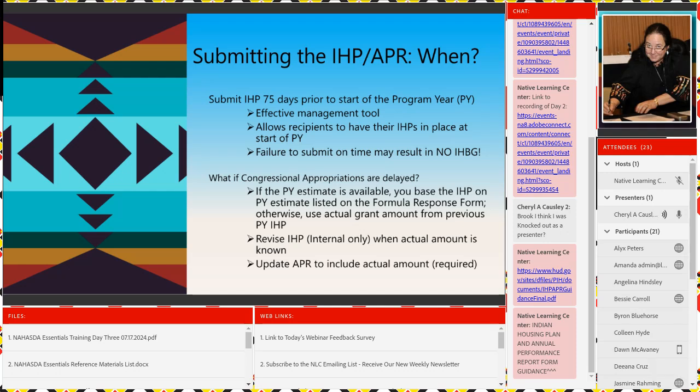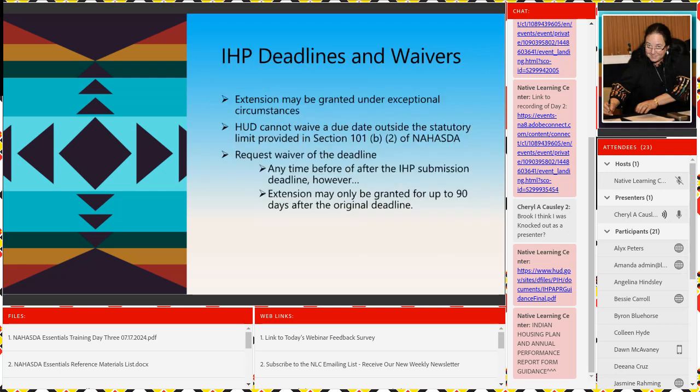Otherwise, you use the grant amount from your previous program year. So you can use the amount for last year. You fix it when you do your APR, okay? You revise the IHP internally when the amount is known, and then you update the APR to include the actual amount. And that step you have to do, okay?